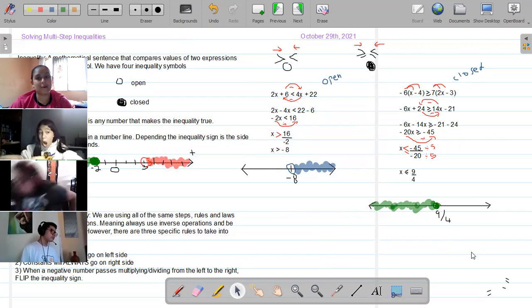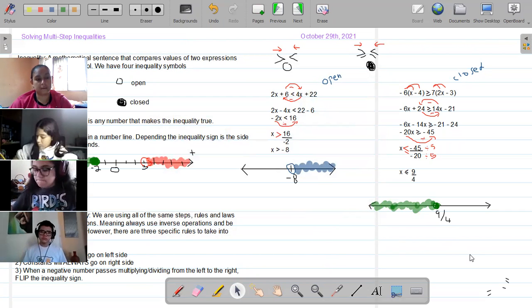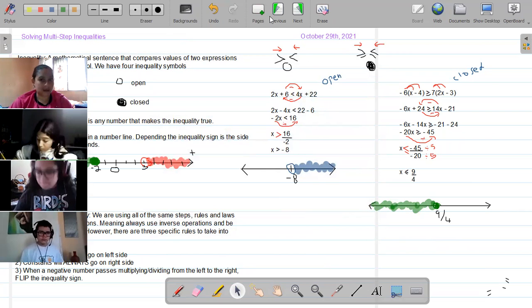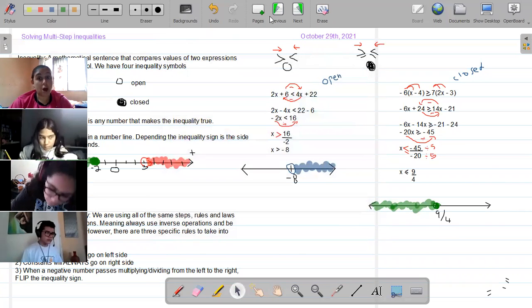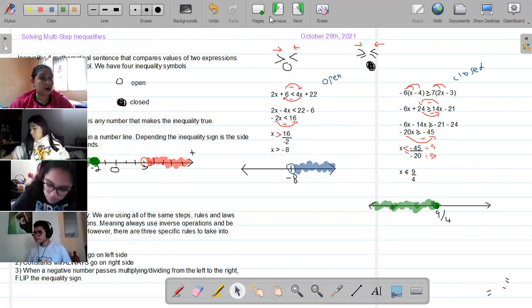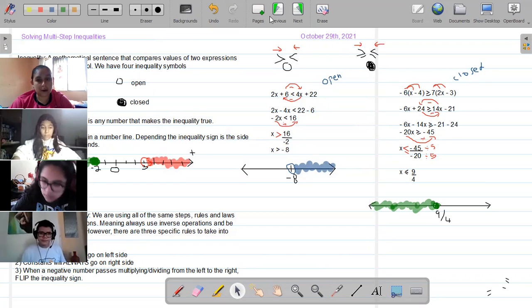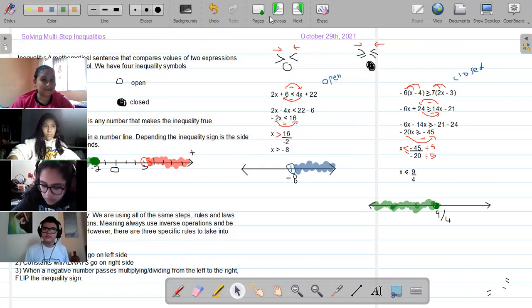Do you have any questions whatsoever? We good? Okay then. Just remember, there are 3 specific rules that you need to follow before simplifying anything else. Besides that, if there's a parenthesis, then that's the first step to do. Use the distributive property. And with that said, we've finished our first topic.